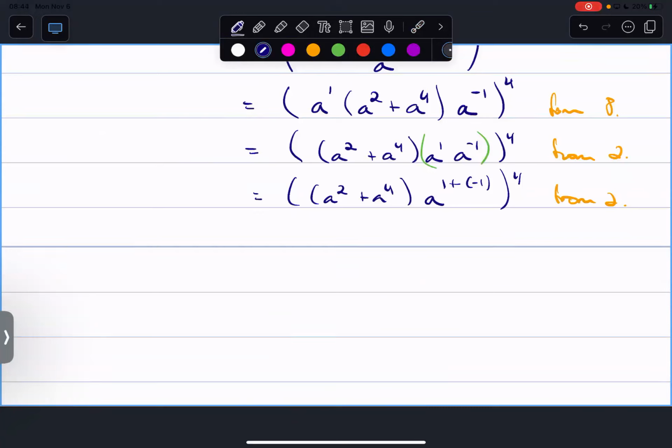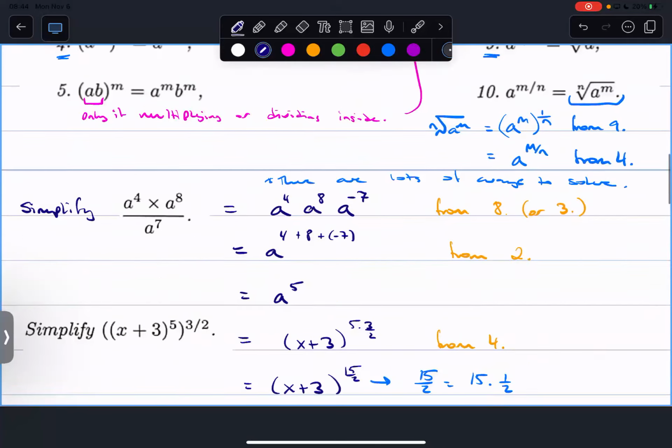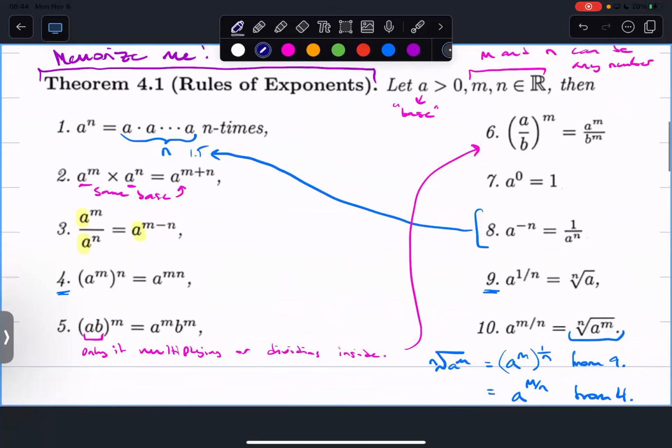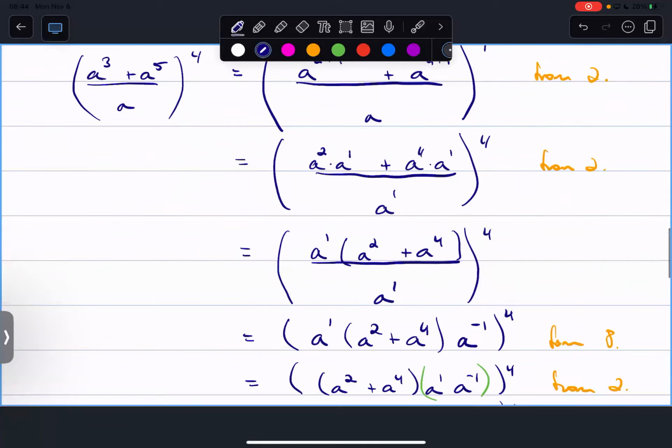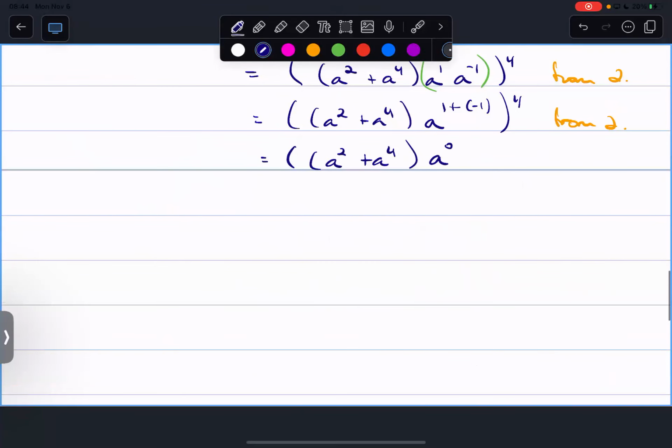So now you have a to the power of 2 plus a to the power of 4 times a to the power of 0, which is 1 by some rule. That should have been rule 0 by 7. And this is equal to 1 from 7.